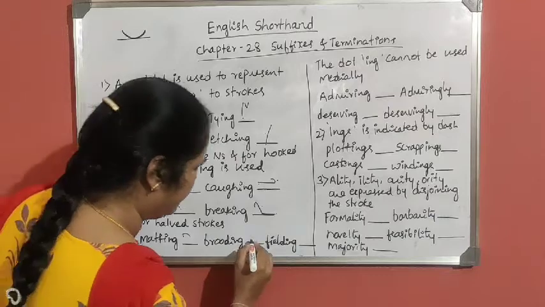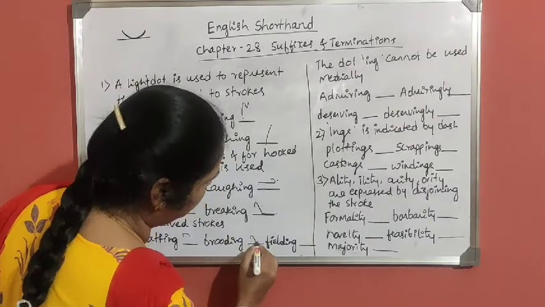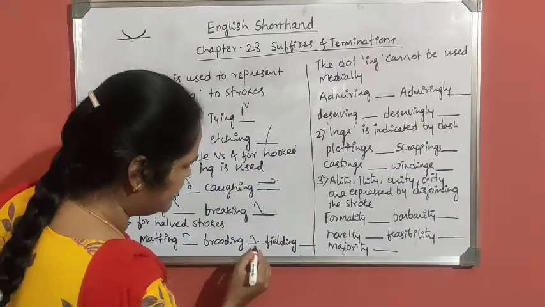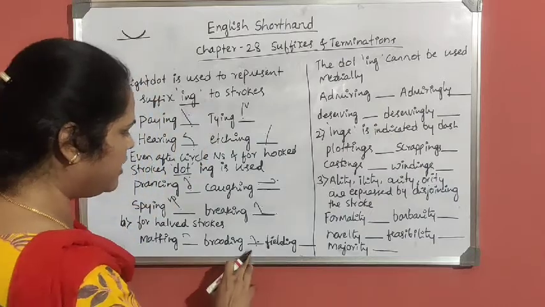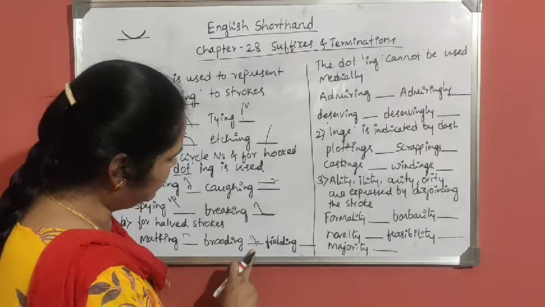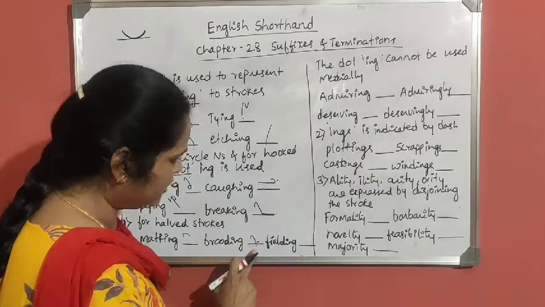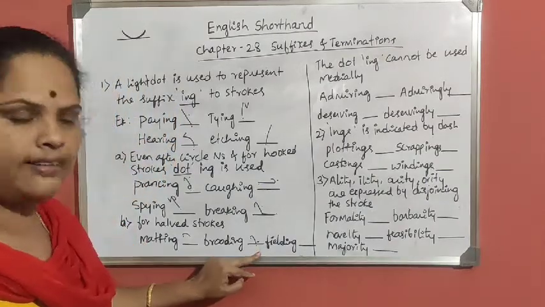Then brooding: B, R, halved for D sound, and U vowel, brooding. Here there is a dot. If the stroke is on the line, you have to write the light dot after the stroke, that is, after the line.